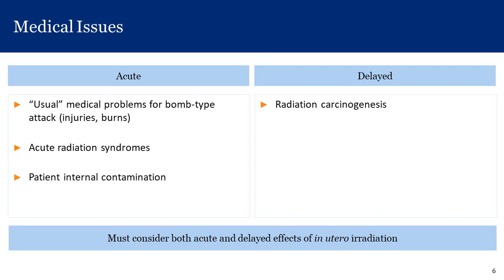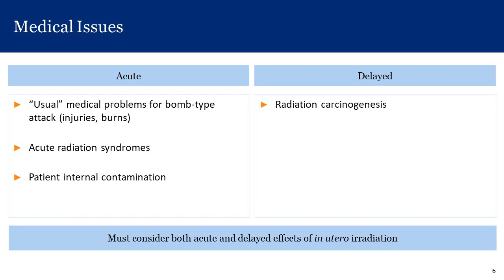There is something called acute radiation syndrome, which involves, as alluded to in the previous slide, different organ systems acutely. And internal contamination, which, as alluded to previously, can be caused by either inhalation, ingestion, or absorption of ionizing radiation.